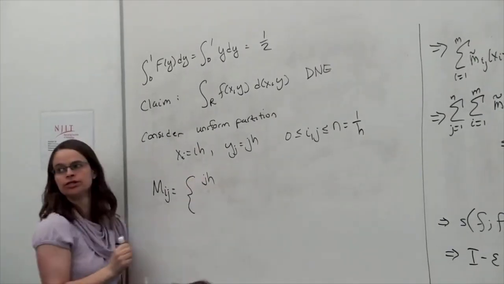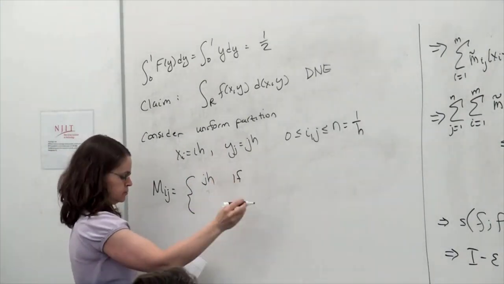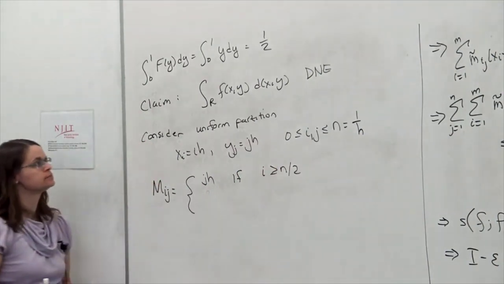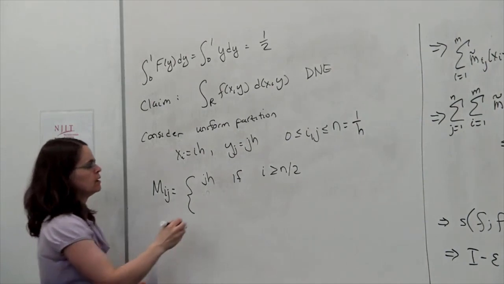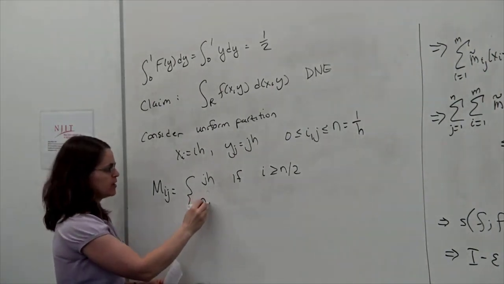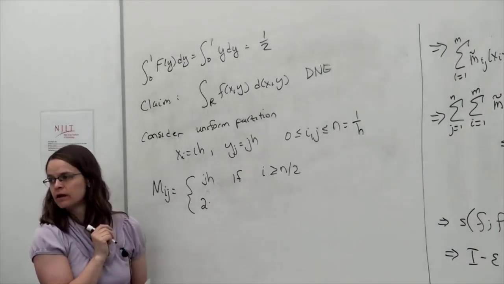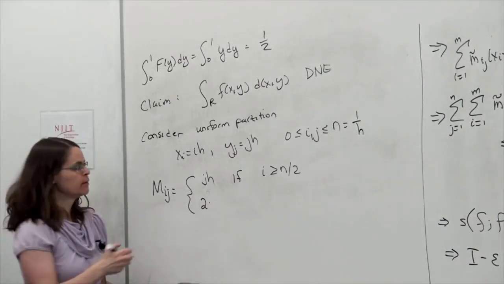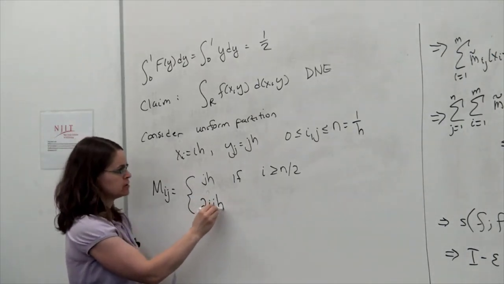That's j times h. And otherwise, we need to grab the other one at the right endpoint. That's 2 times x. x at the farthest endpoint is ih. y at the farthest endpoint is jh.